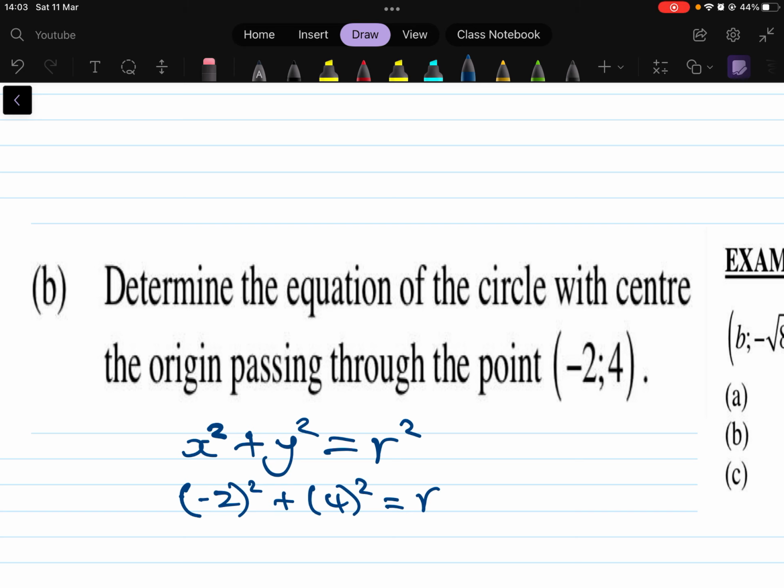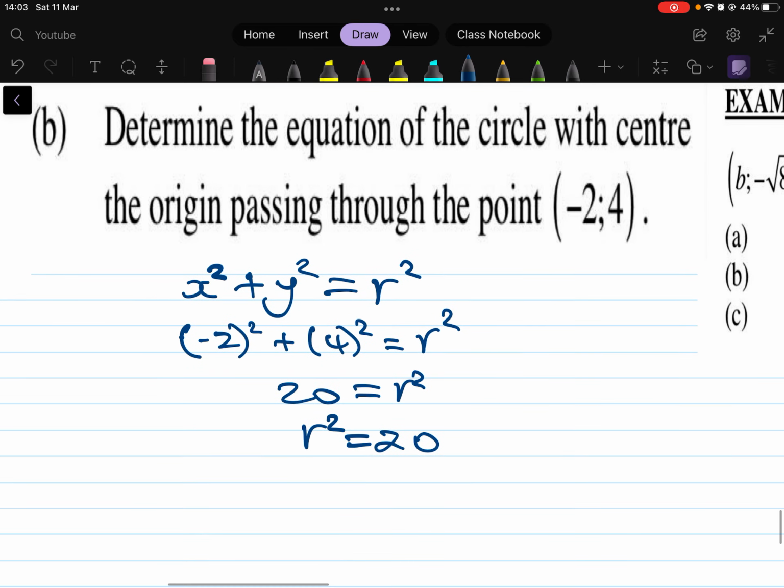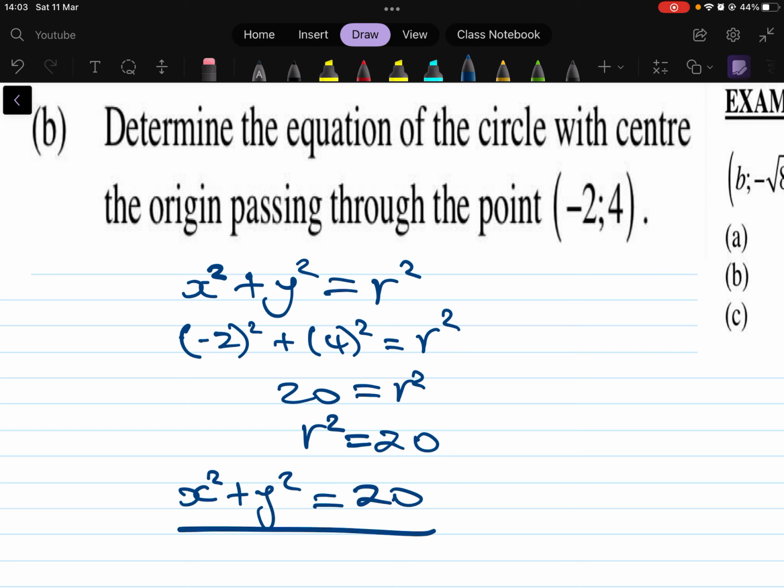This is 4 plus 16, which is 20, equals R squared. Therefore, R squared equals 20. Now that we know what R squared is, we just need to rewrite the equation in the standard form. Then that gives us the equation of the circle.